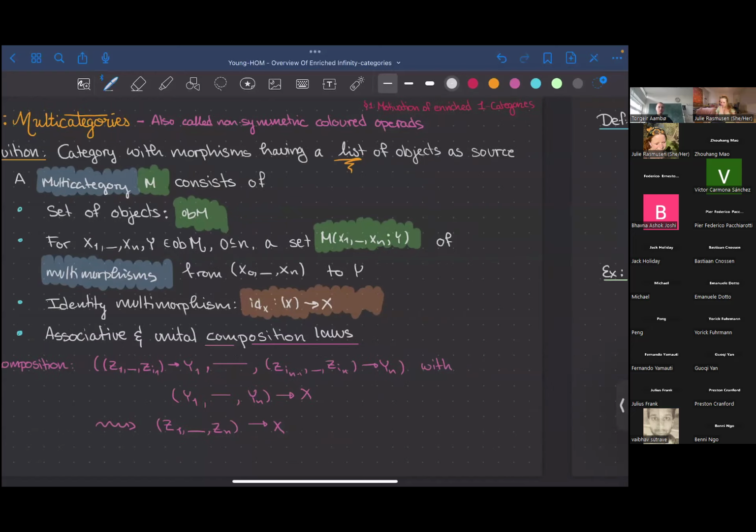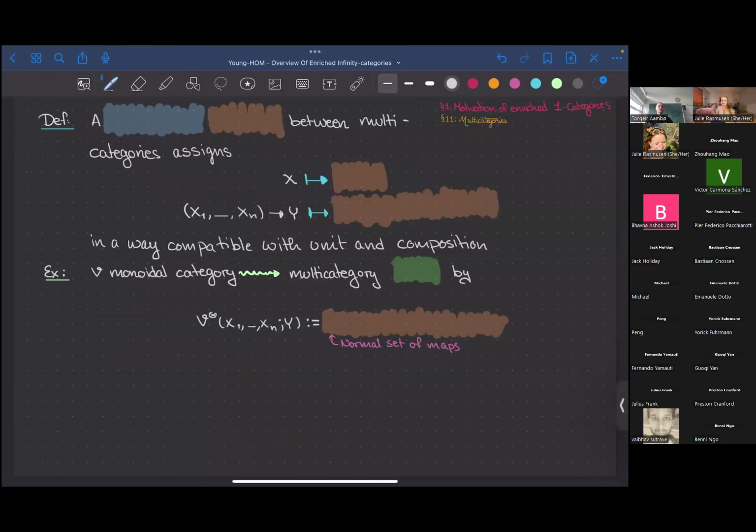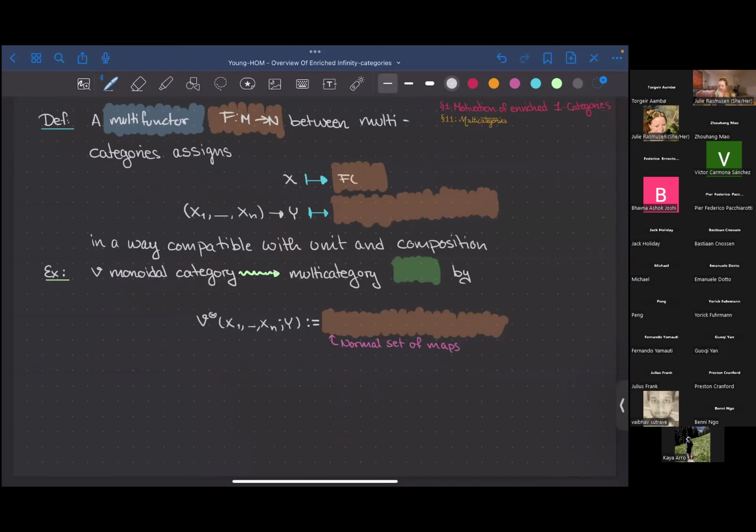Okay. And between these, as with other kinds of categories, we also have functors, and this works exactly as one would assume. A multifunctor f from M to N between two multi-categories just assigns objects object-wise, so it takes an object x and sends it to f(x).